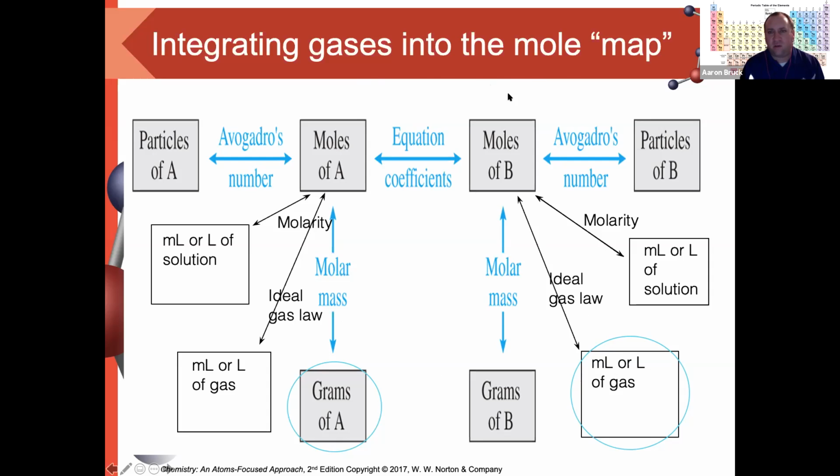And so to do that, we're going to convert following the lines here. By using the ideal gas law to get us to moles of the gas, balanced chemical equation to get us to moles of the sodium azide, molar mass of sodium azide to get to the grams.